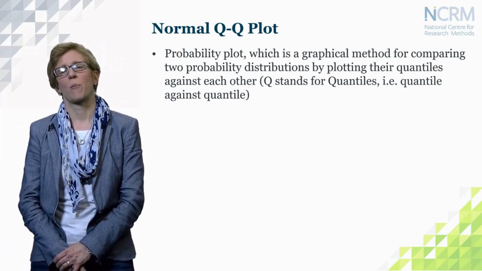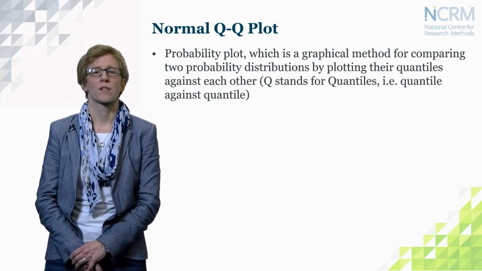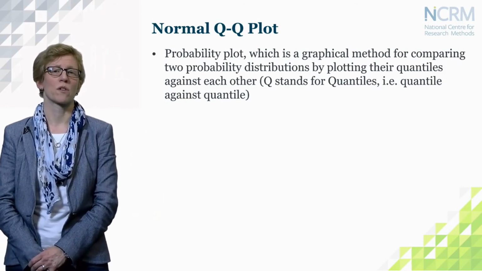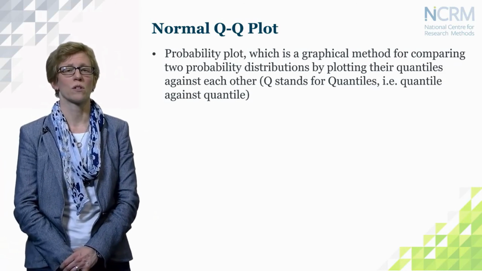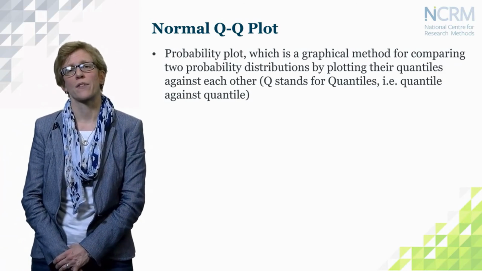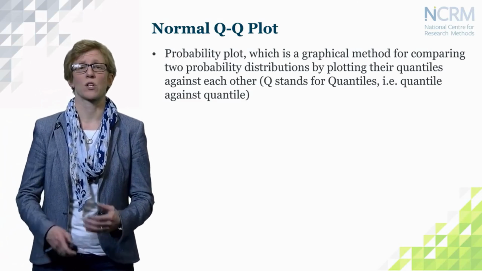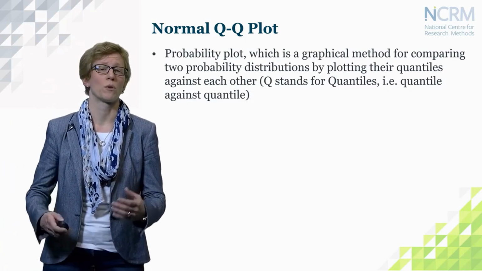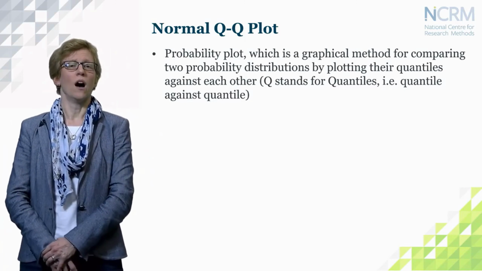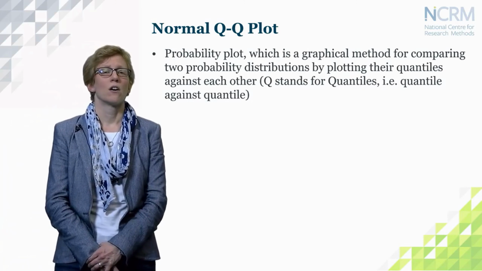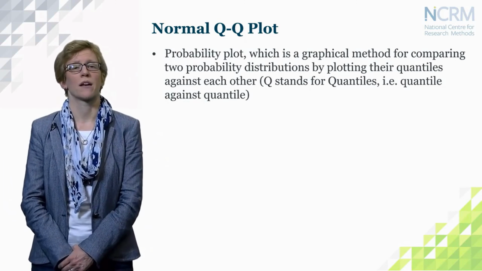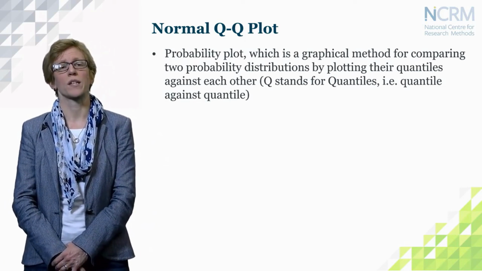Basically these are probability plots that plot the quantiles of one distribution against the quantiles of another distribution. And here we would like to compare the distribution of the observed adjusted residuals with the expected residuals, i.e. the residuals from a normal distribution. Q stands for quantiles, so effectively these are quantile against quantile plots.